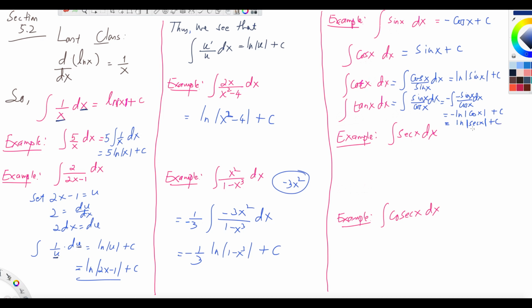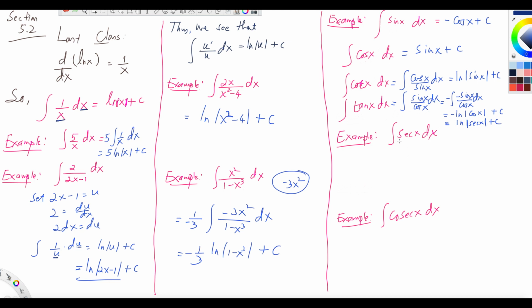Okay? So we know the integral of sine x is negative cosine x plus c. That's the formula, okay? The integral of cosine x is sine x plus c. The integral of cotangent x is the natural log of sine x plus c. The integral of tangent x is the natural log of secant x plus c.